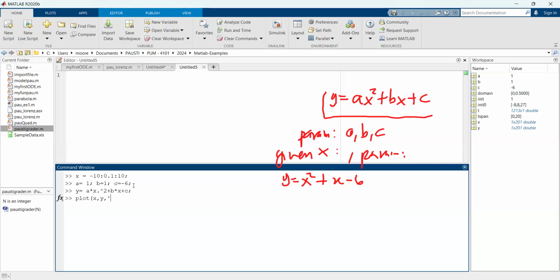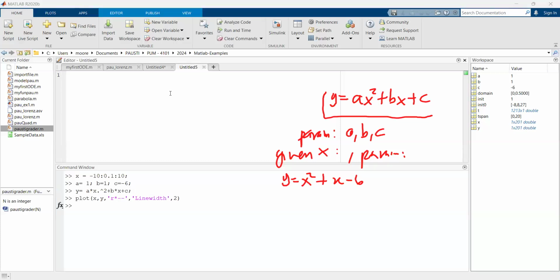I use some options here. So I do red, a star, a dash dash, and then I close it. I can do also line width, let's say line width 2, and then you enter, and then you can see the plot function, right?